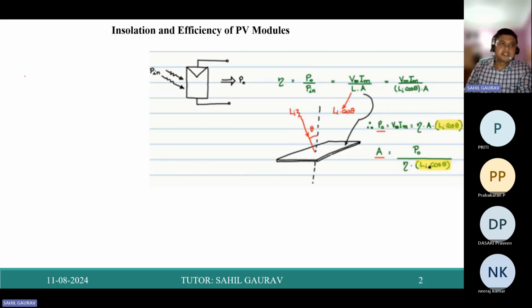Efficiency can also be written in terms of fill factor, since fill factor is the ratio of Vm Im upon VOC into ISC. So if we write it in terms of fill factor, it will come like this.